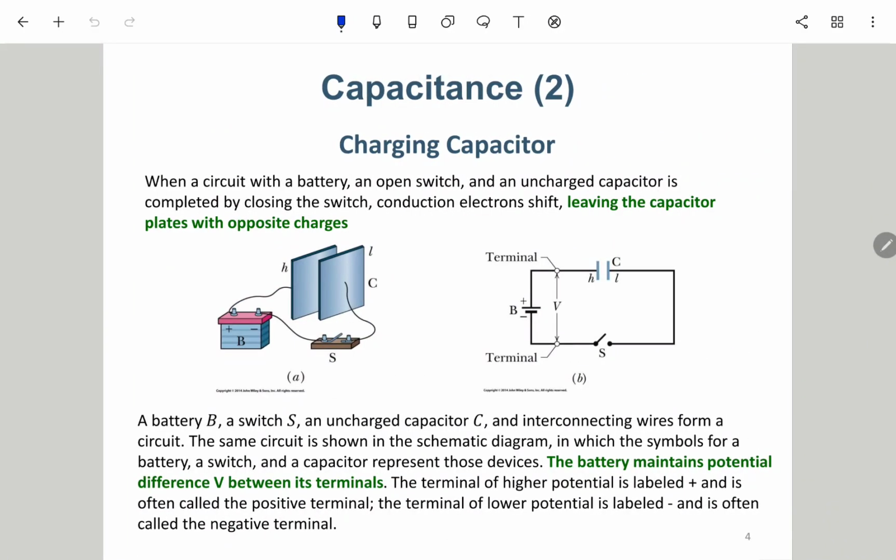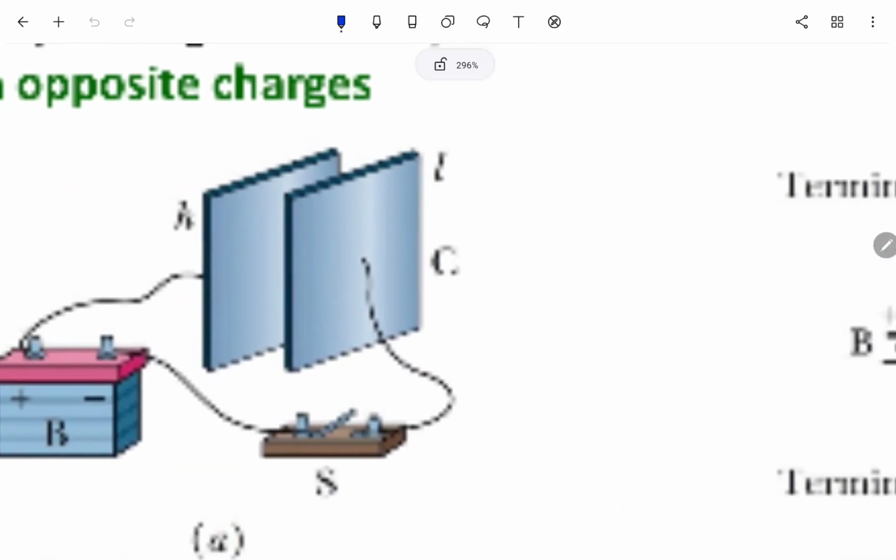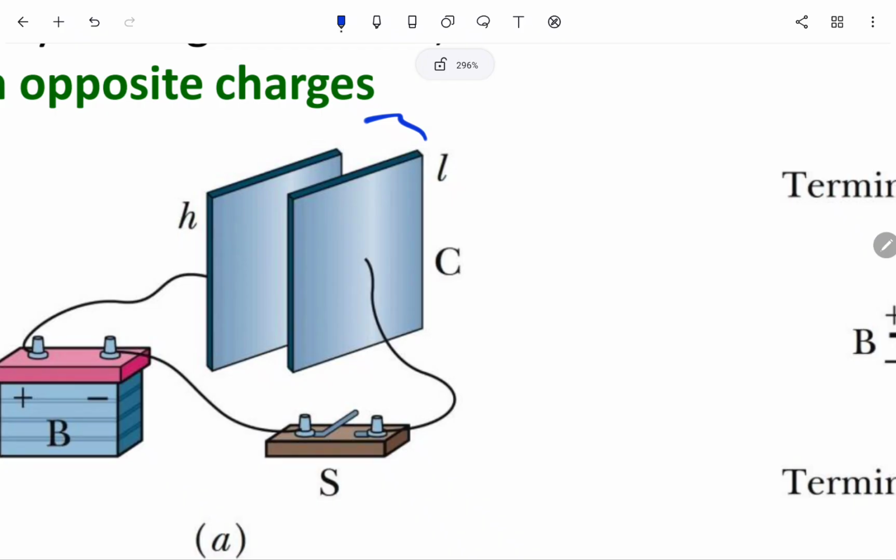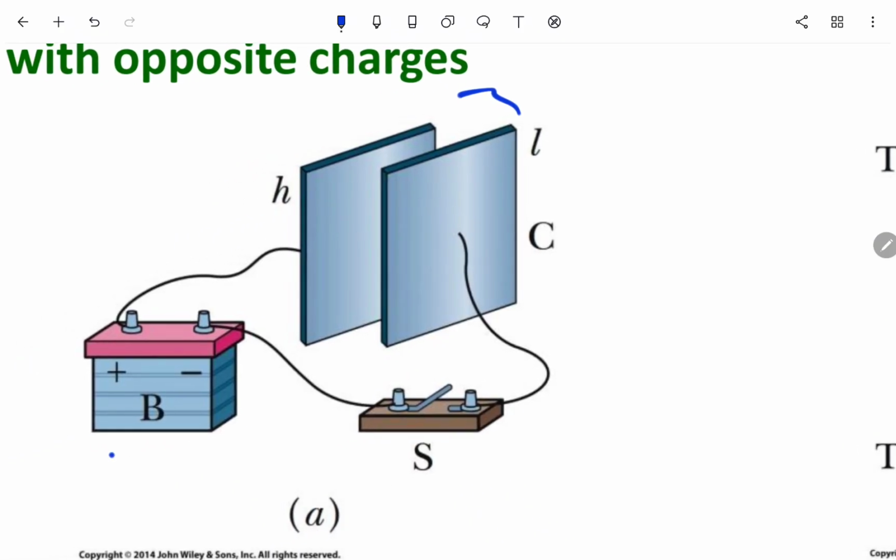Here is a simple circuit with this capacitor. This is very crude, just placing two conducting plates here. Then we have a battery and a switch. We can push the button down so that the circuit closes.